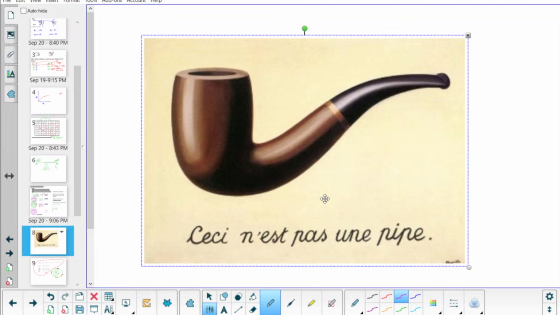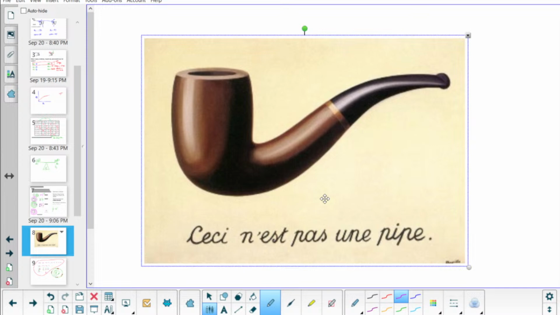No. That is a digital reconstruction of a projection of a painting of a pipe. Is that a pipe? No, it's not a pipe. You can't smoke it. You can't hold it in your hands and have fond memories of your grandfather smoking the pipe before he died of cancer. None of that can happen.